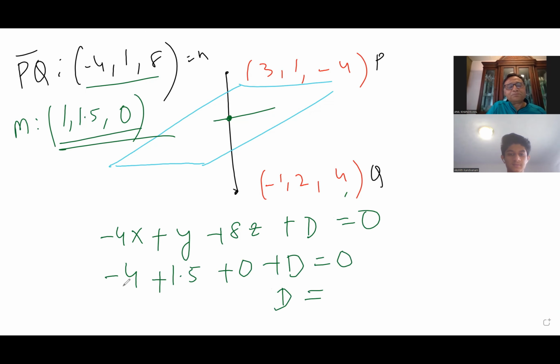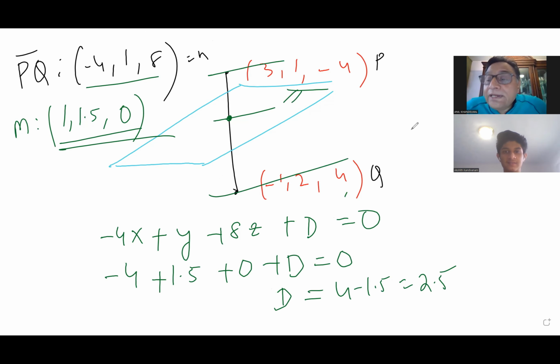So d equals minus 4 plus 1.5, which is minus 2.5. So that's the equation. Do you get the idea? So this plane will be midway between the 2 points, correct? Correct. Very interesting question.